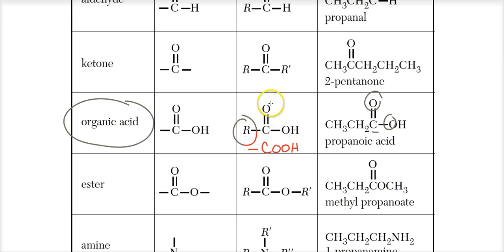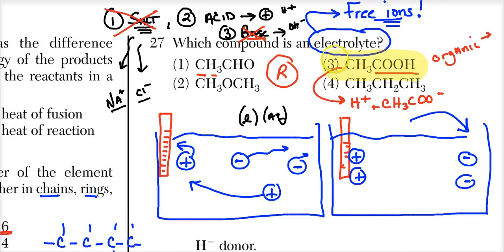In fact, these very electronegative oxygens drift this pair of electrons closer to these two O's, and this H can slough off to be H+. Bottom line is you need to be able to identify which of the following has a COOH ending, which is an acid, which is one of the three electrolytes, salts, acids, or bases. So number 3 is your organic acid, and 27 is 3.